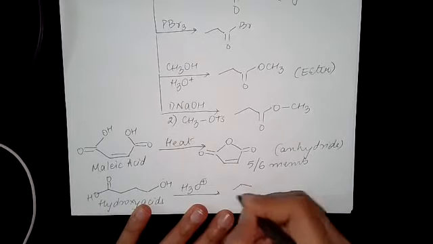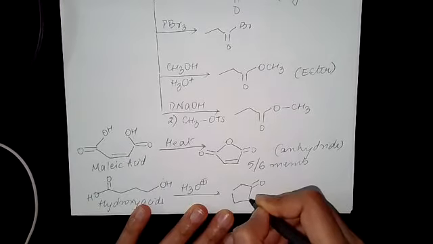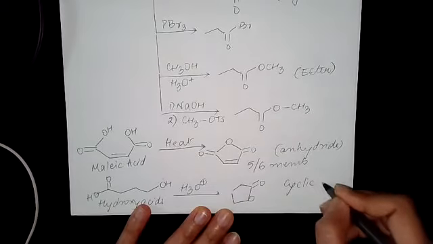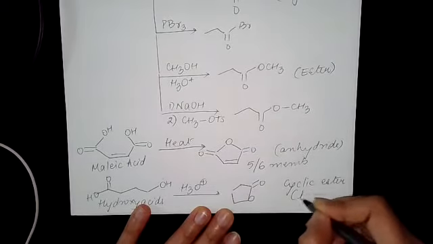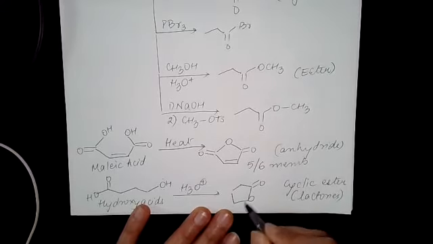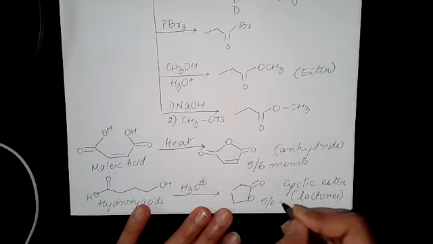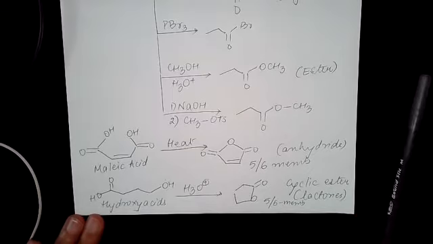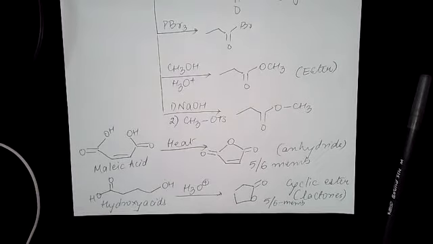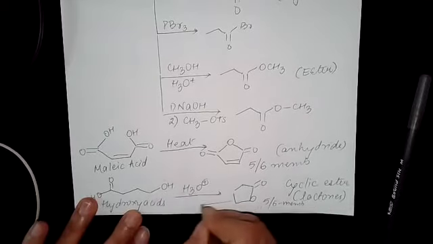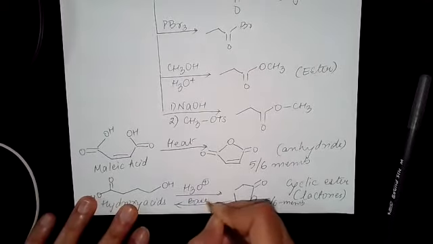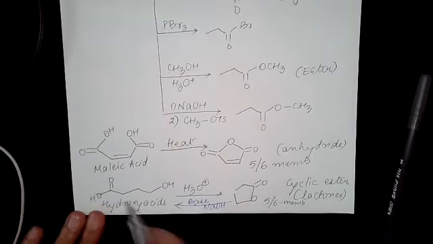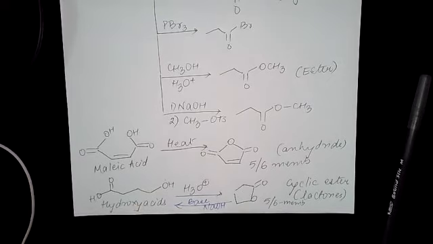This would be a cyclic ester, which is known as a lactone. Again, this will be possible only when you are getting a 5 to 6 membered ring. And I just want to remind you, how do you get the hydroxy acid back? In presence of a base. You can just use sodium hydroxide or potassium hydroxide, and this lactone will open up back to its hydroxy acid.